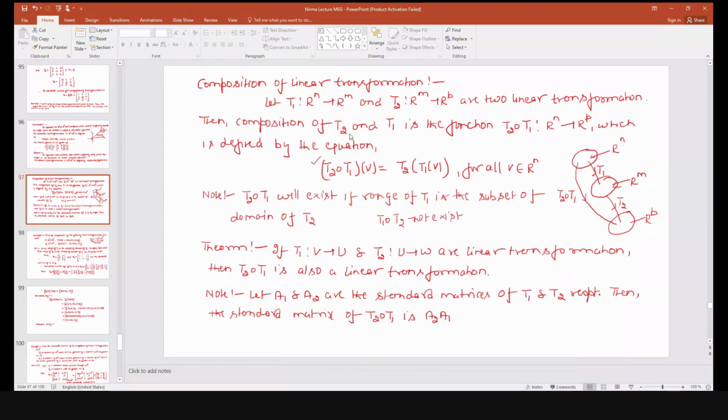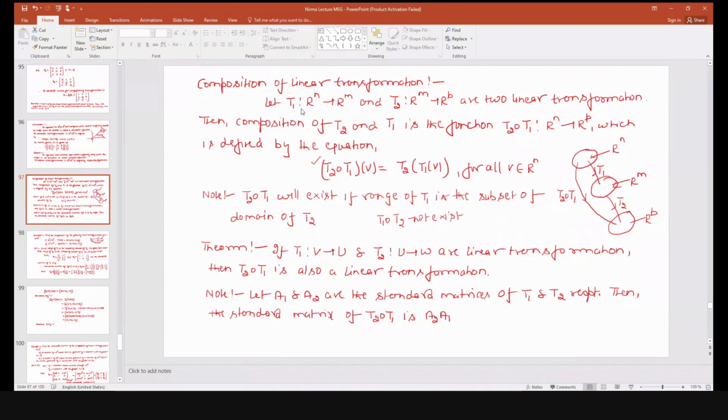Then the composition of T2 and T1 is a function T2 ∘ T1, a transformation from Rn, which is the domain of T1, to Rp, defined by (T2 ∘ T1)(v) = T2(T1(v)) for all v belonging to Rn.